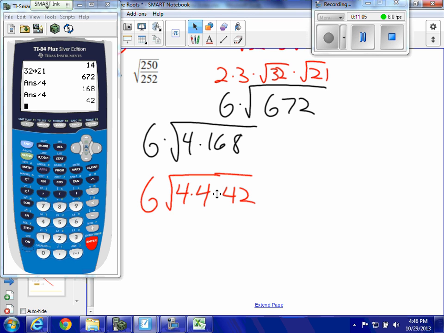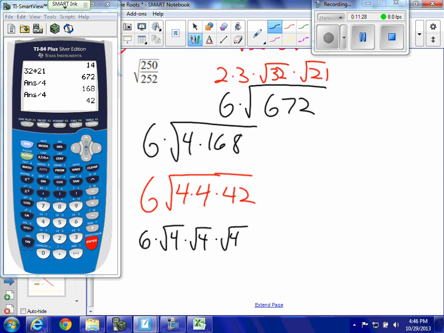Is 42 divisible by 16? No, 42 is not divisible by 16. It's certainly not divisible by 25. So I can make this into 6 times radical 4 times radical 4 times radical 42.